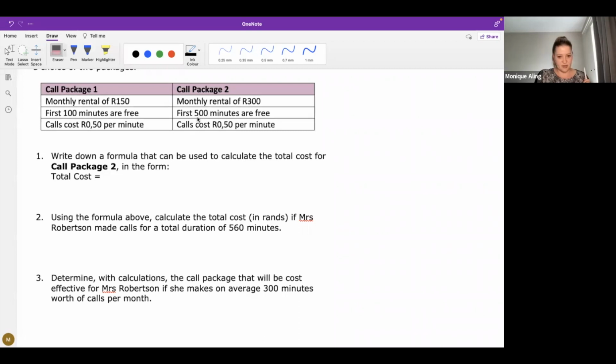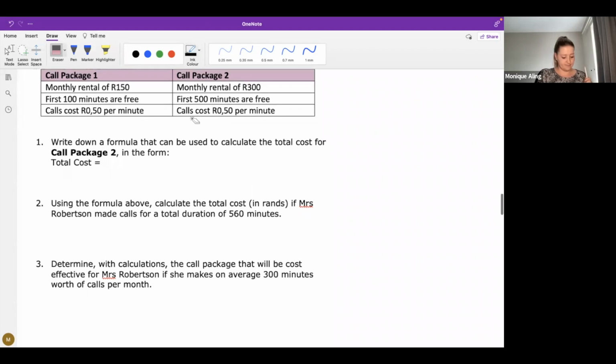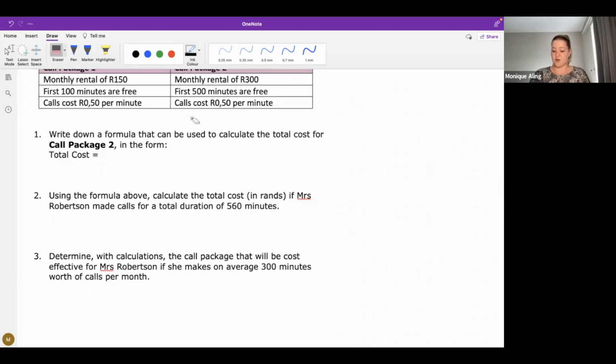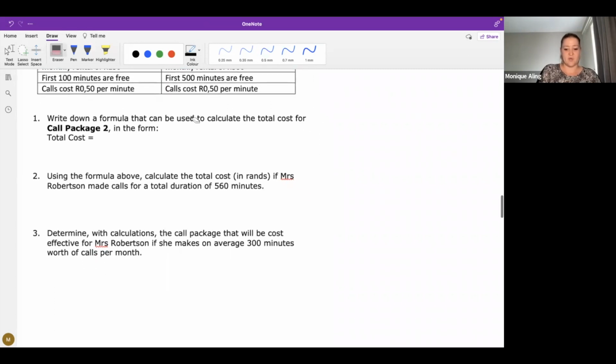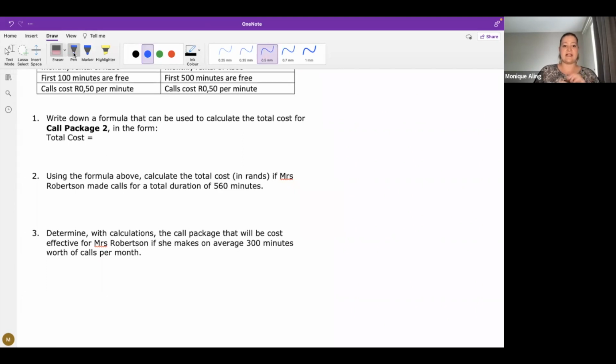All right, so let's have a look at it. Mo, I agree with your package 1 amount. So guys, for us to compare, we need to know how much it's going to cost for package 1 and how much it's going to cost for package 2.